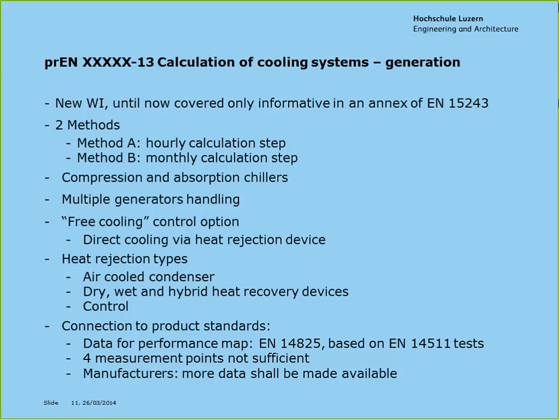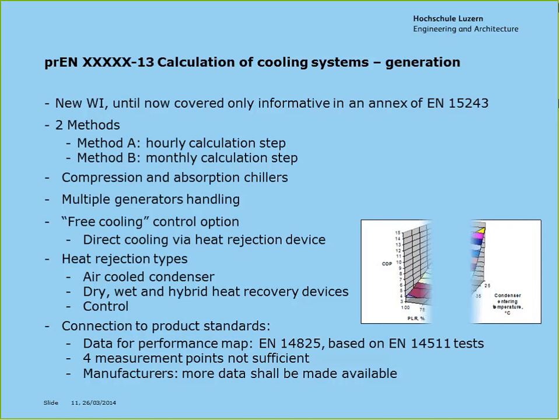We need a little bit more than just the 4 measurement points to get a performance map in this way for part load ratios and temperature differences. But we make it in a way that we need really the minimum output. It's a little bit more than the 4 measurement points.